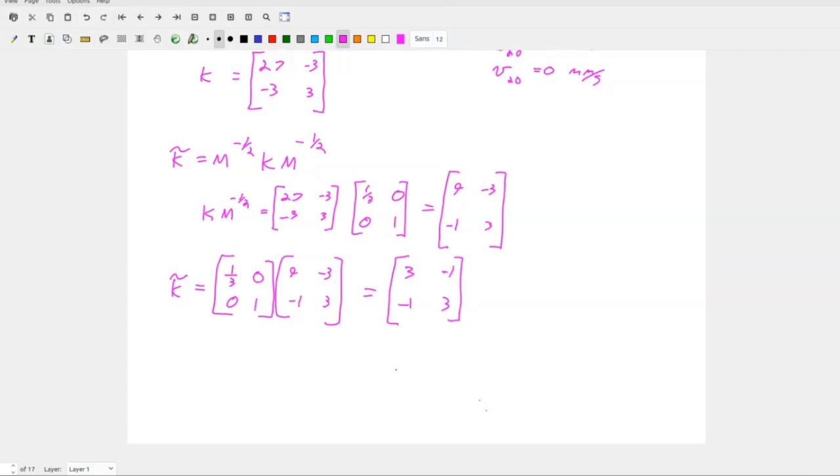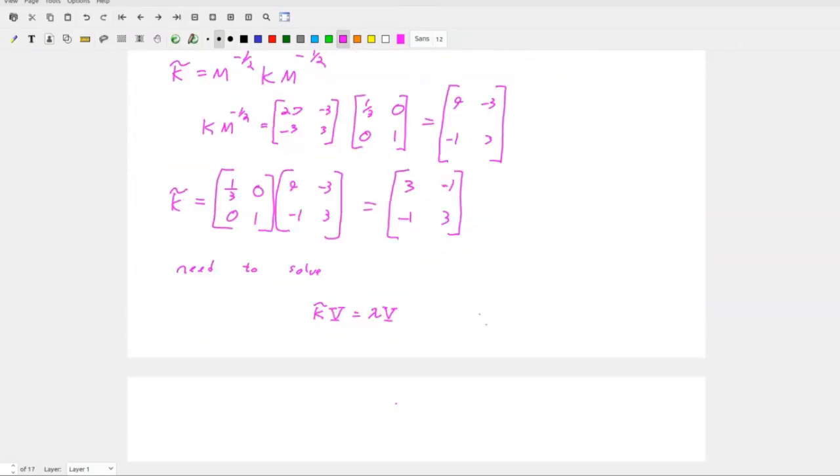All right, so now I need the solution. I need to solve K tilde times the matrix of eigenvectors, which is equal to my eigenvalues, which is technically a vector of eigenvalues, times v. So we can use a computer to solve that.